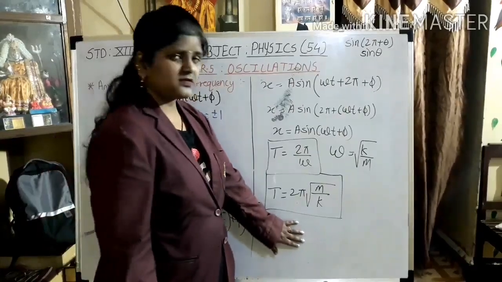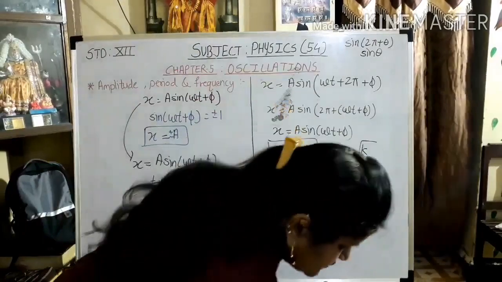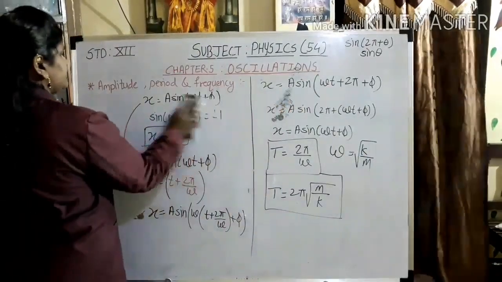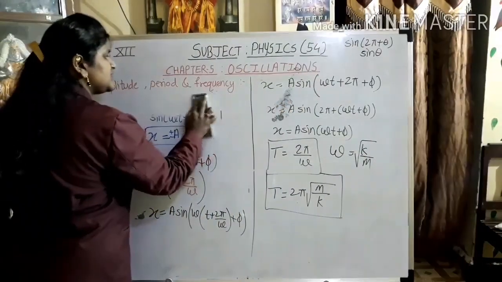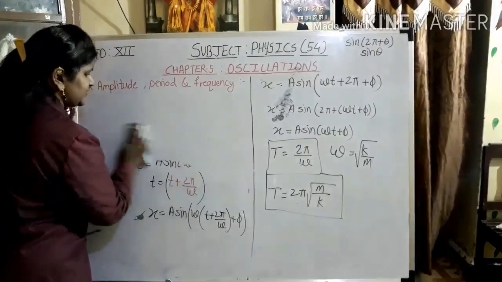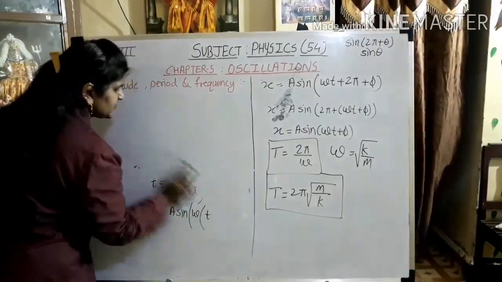Okay, so this is it. Now we are going to see frequency. What is frequency? Frequency is the number of oscillations performed per unit time when it is performing SHM.